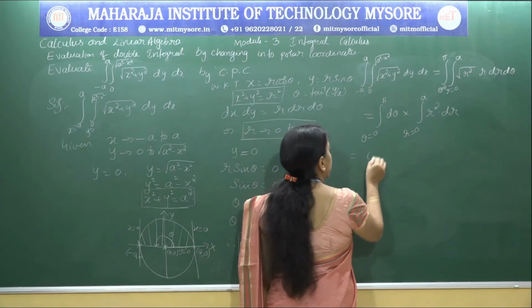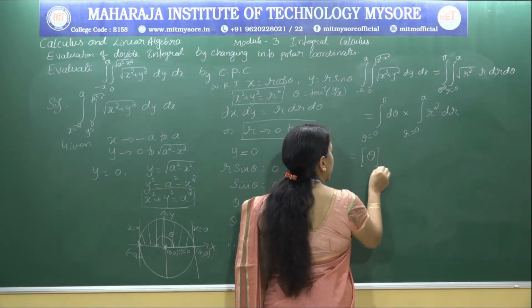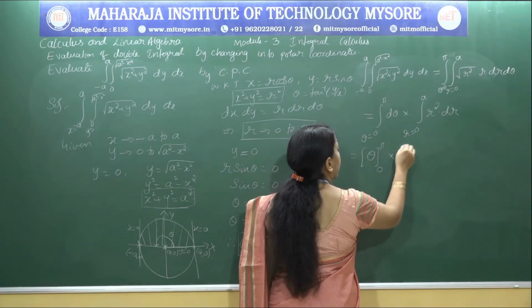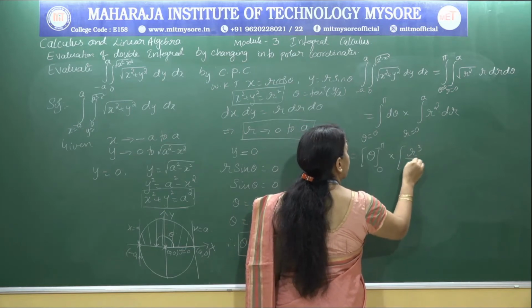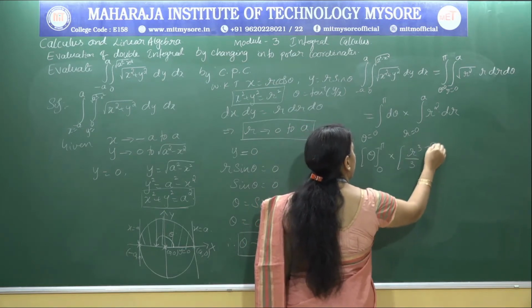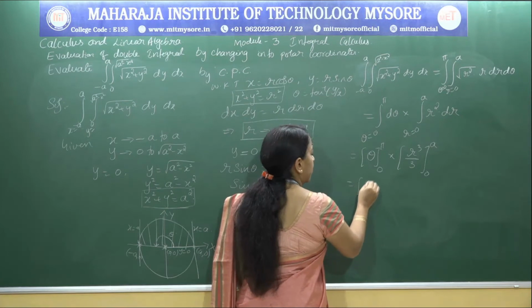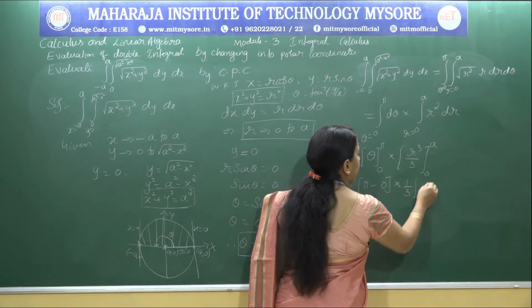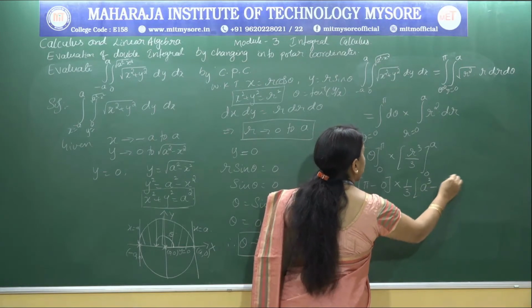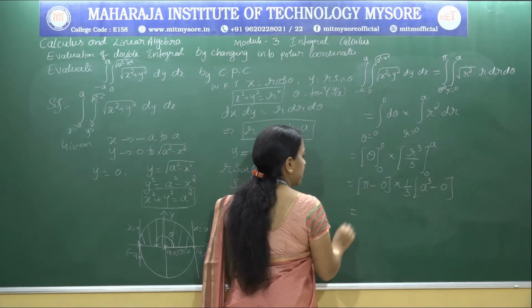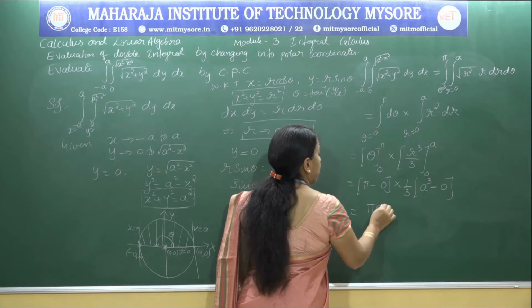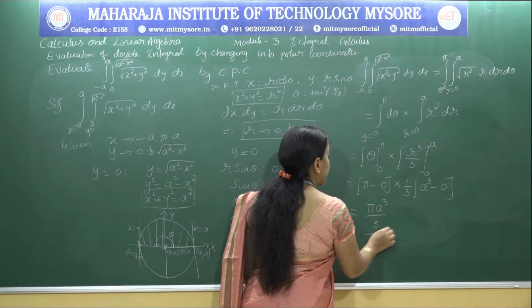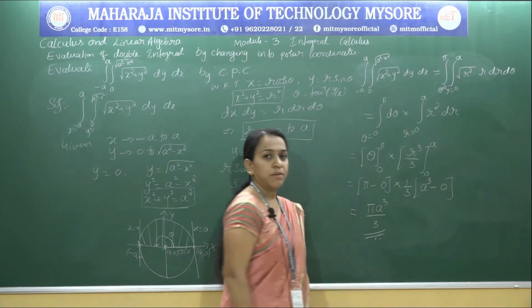I can evaluate: integral of d theta is theta between 0 to pi, and integral of r square is r cube by 3 between the limit 0 to a. So upper limit pi, lower limit 0, 1 by 3 common, upper limit a minus lower limit 0. So your answer is pi into a cube by 3, which is the required result.